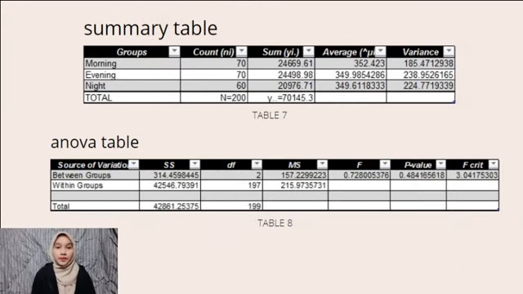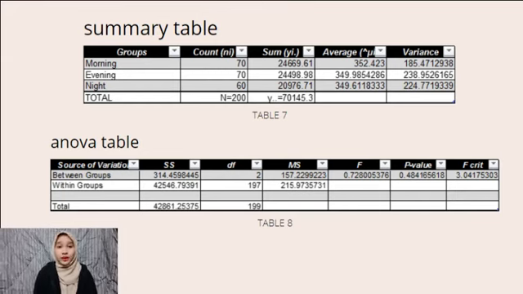On Table 7, the summary given is the descriptive statistical summary of the group data, where the first column in the summary refers to the groups morning, evening and night. The second column, the count, refers to the level sample size Ni.